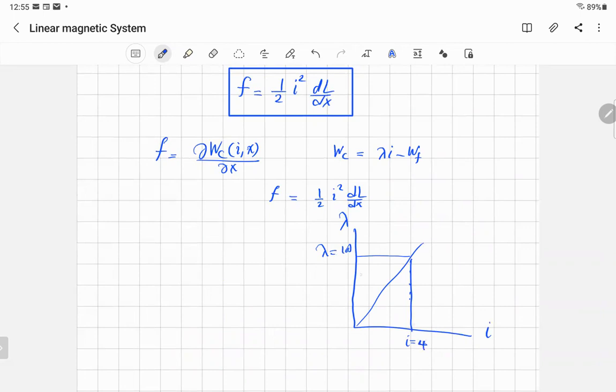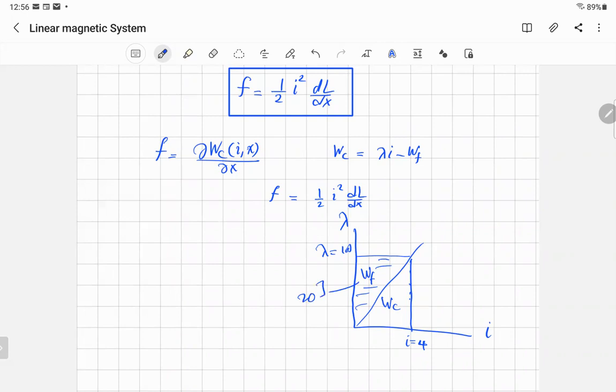The question is simple: no machines in it, no electricity. What is the value of WF in this one? I'm asking geometry. Give me a number. 4 times 10 divided by 2. Exactly, the area of the triangle. 10 times 4 over 2 is 20, so it's equal to 20 joules.